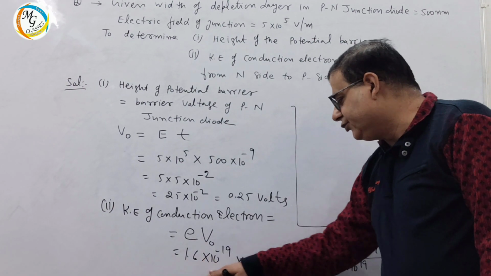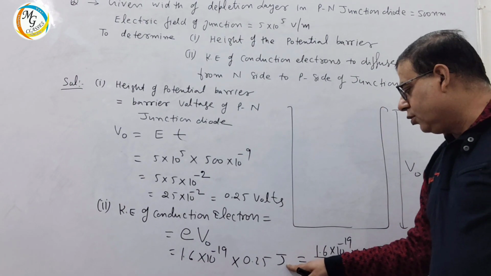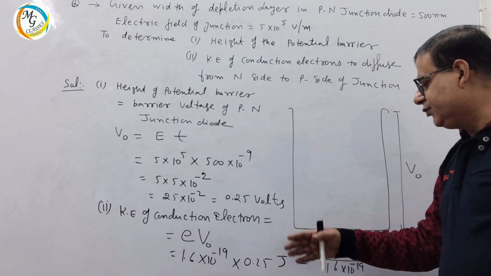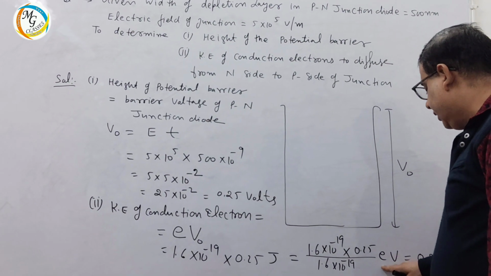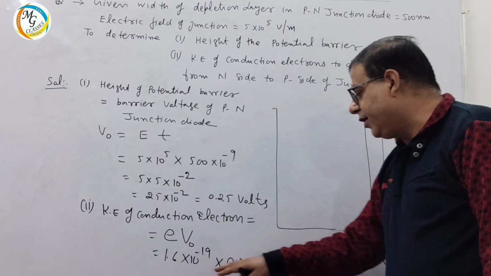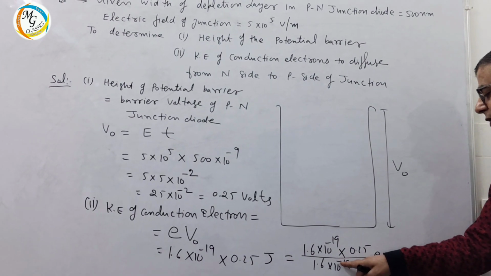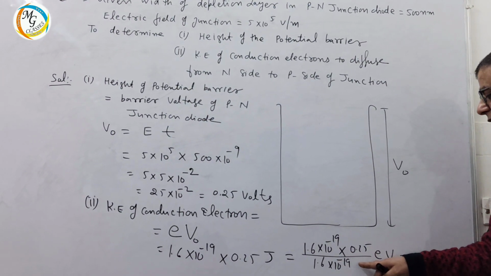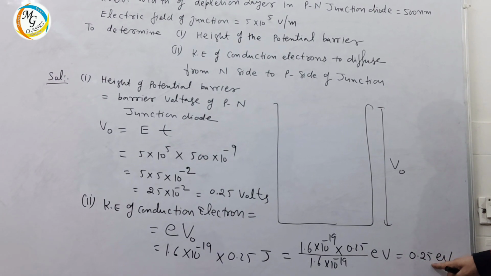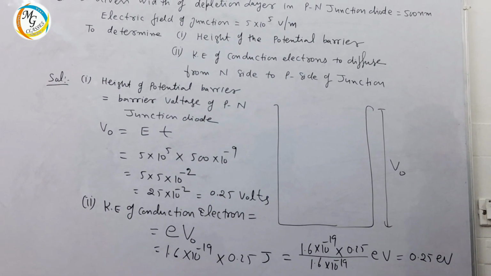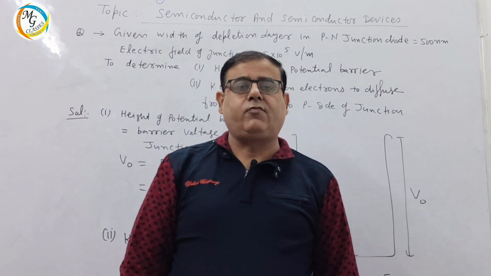When you simplify this, you will get the value of energy in joule. But we want to express this answer in a more convenient unit, that is electron volt. Therefore you can divide this value by 1.6 into 10 to the power minus 19, and on simplifying this you will get 0.25 electron volt as the kinetic energy of conduction electrons.